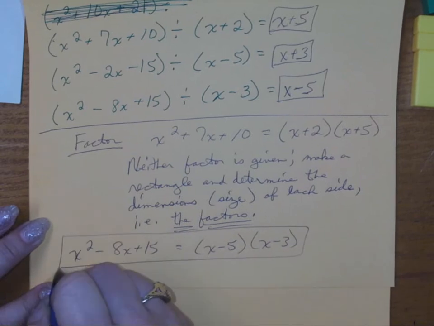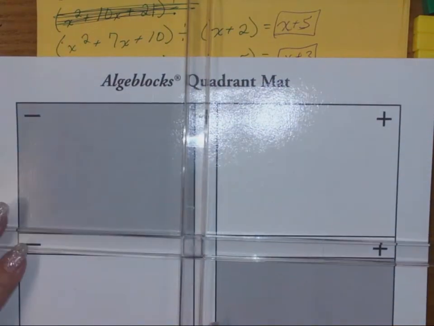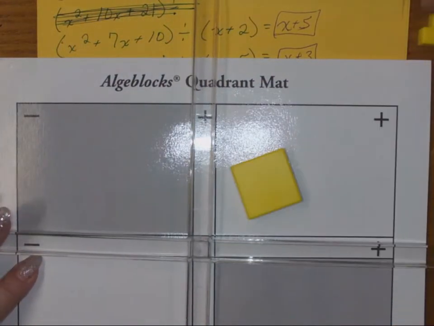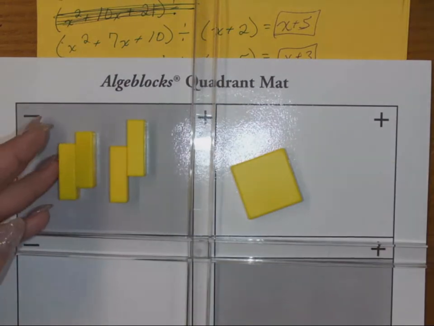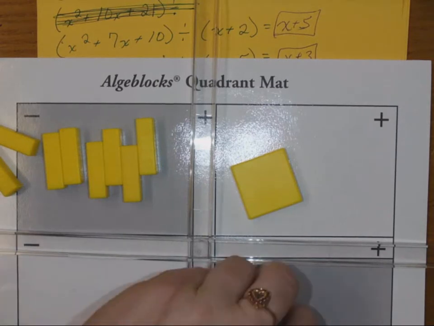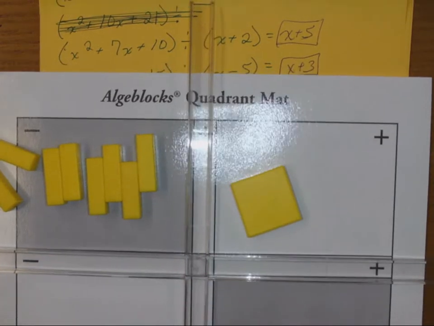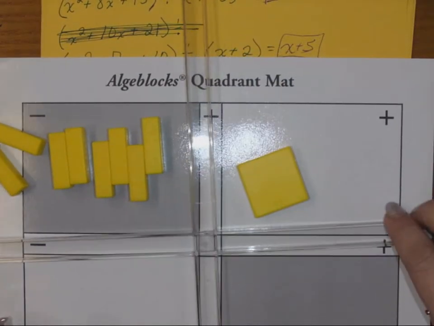However, what's that going to look like if I don't know for sure one of those factors? X squared minus 8x, was it minus 15? I'm sorry. Let me check again. Plus 15. Okay.